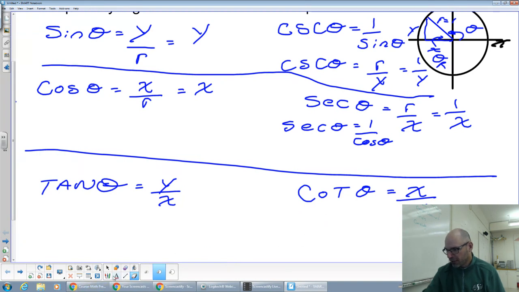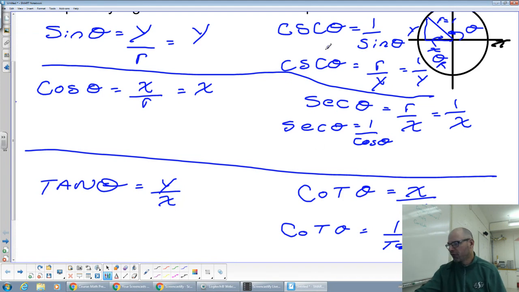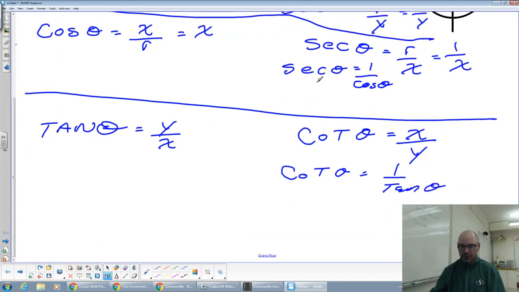Cotan theta is 1 over tan theta. So those are all 6 trigonometric ratios. These are called the reciprocal ones, secant, cosecant, and cotangent. So you'll notice the relationship. Sine and cosecant, there's one co in there. Cosine and secant, one co in there. Tangent, cotangent, there's one co in there. Okay, so that's the 6 trigonometric ratios.